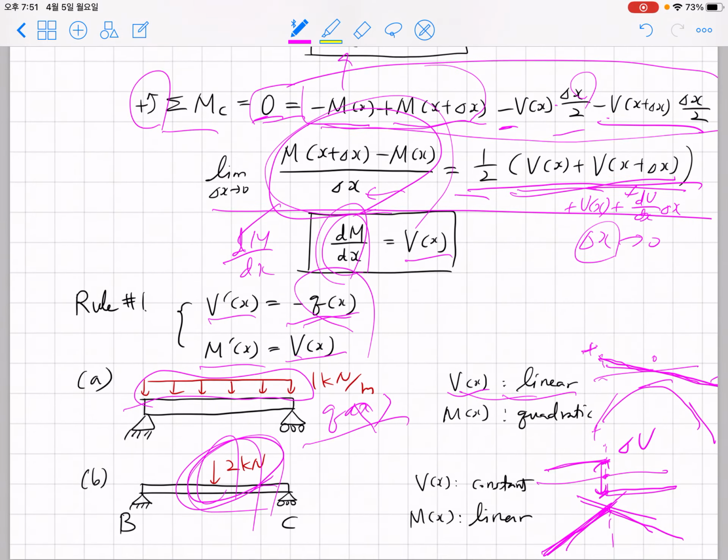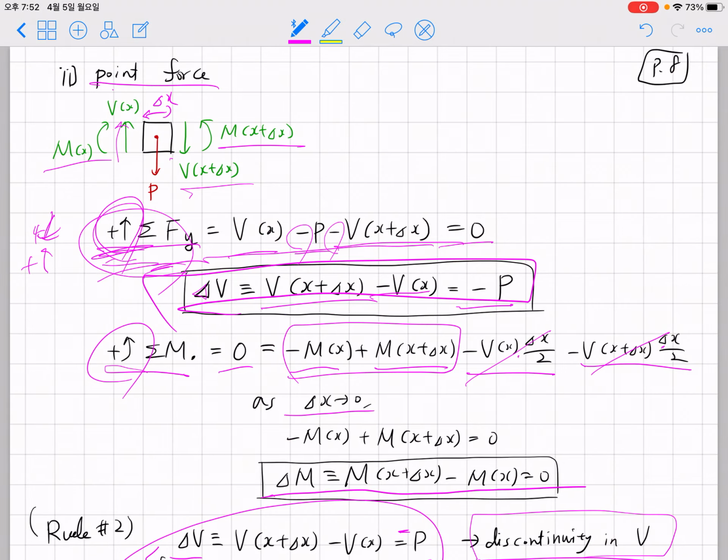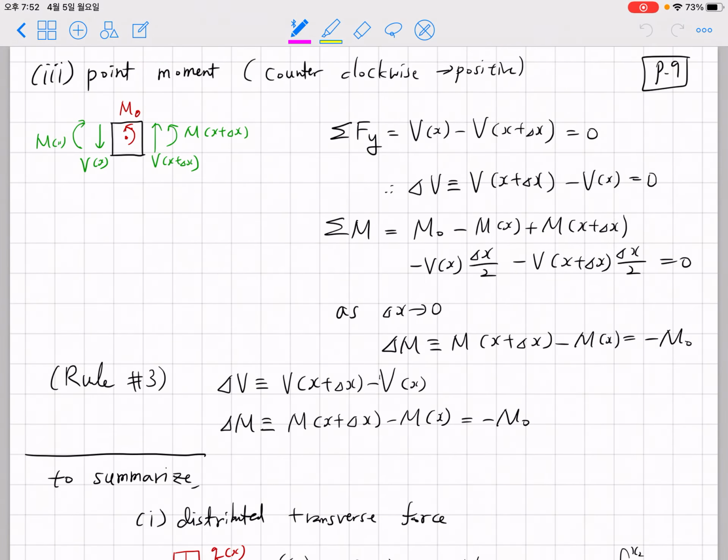When you have a point force, you have discontinuity in force. You don't have discontinuity in moment itself, but when you consider dM/dx, which is the slope of moment, because that's the same as force, you can have discontinuity.